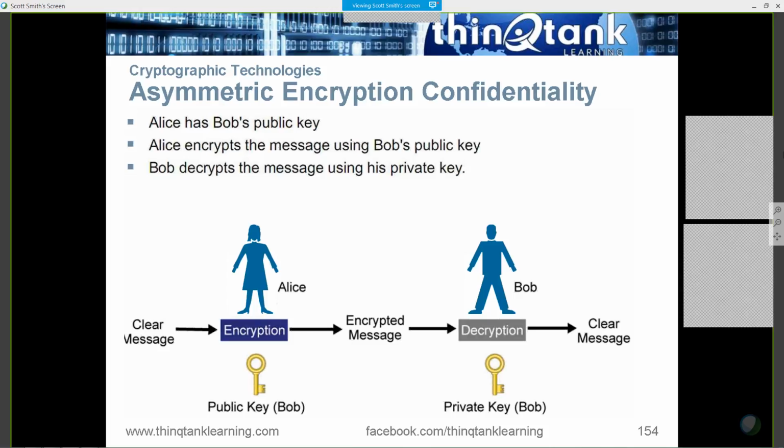Nobody can decrypt that because nobody knows the private certificate used to do the decryption. Okay? Does that make sense? That is the asymmetric encryption process.